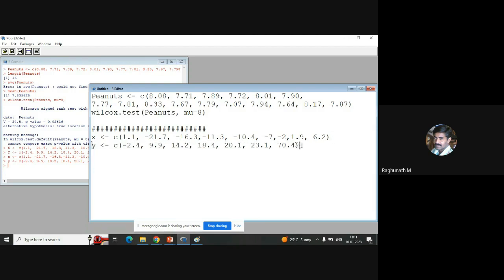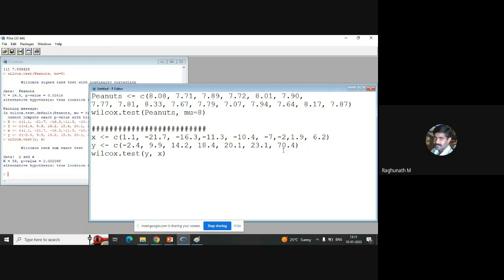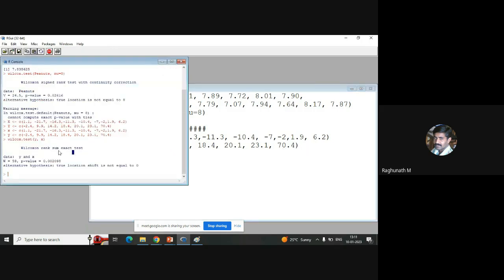Okay. So quickly we can use Wilcox. If you have two different samples, that is where the Mann-Whitney test comes into the picture. wilcox.test(y, x). If I run this, again I'm going to get the output. So here again W will be 59 and the P value will be 0.002.